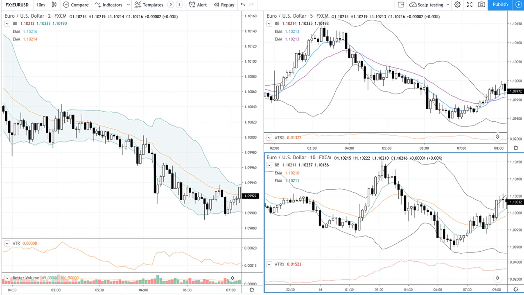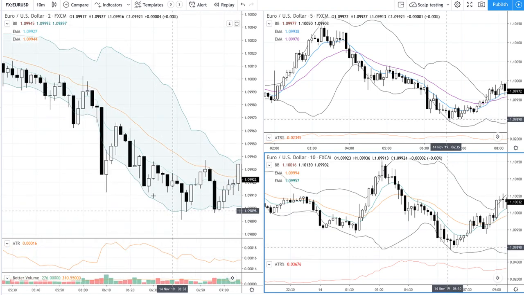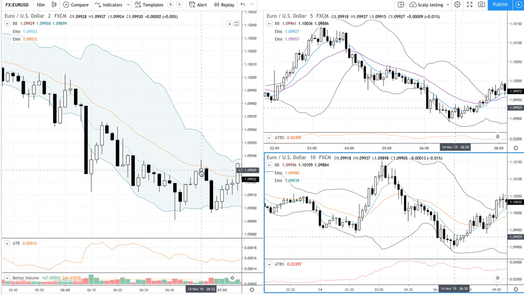Okay, so let me add this to the spreadsheet. Our low here is 99.24, so our entry is 99.92. Sorry.